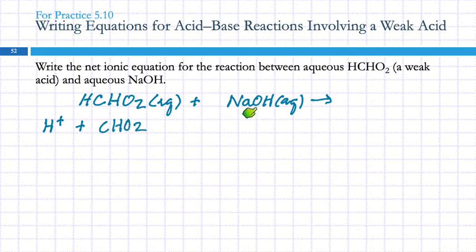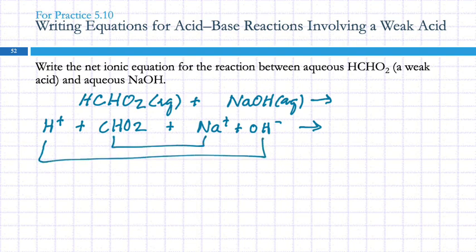And then this guy, I'm going to have sodium ions and hydroxide ions. To predict the products, we have to separate them into ions and then put them back with different partners. So H plus and OH minus, and we've got sodium plus and CHO2 minus.